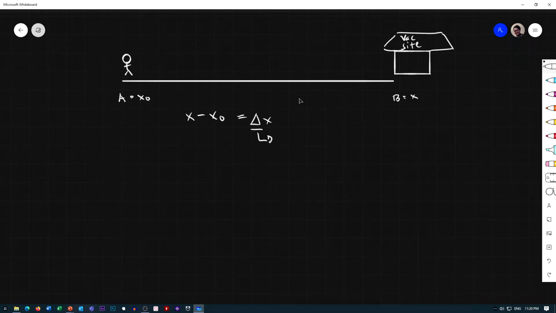Delta is a Greek letter, and we use it to define change. So this is the mathematical way of defining displacement. The unit that we use is meters.